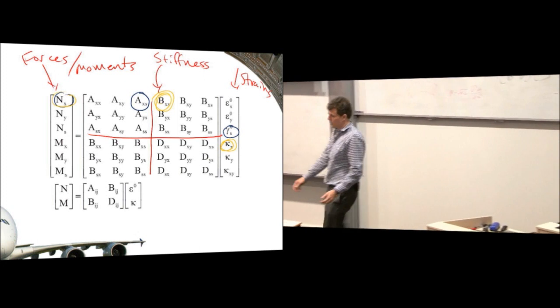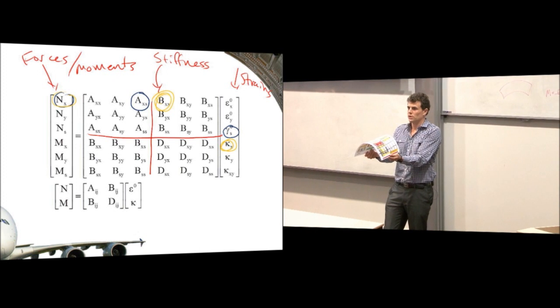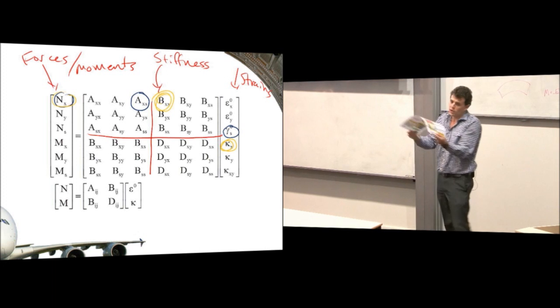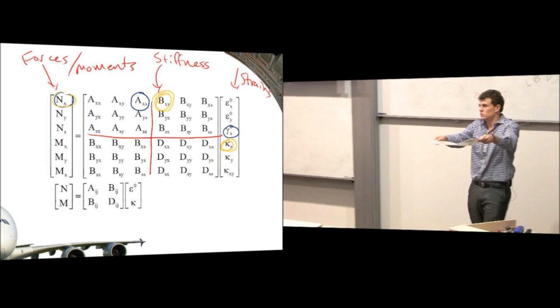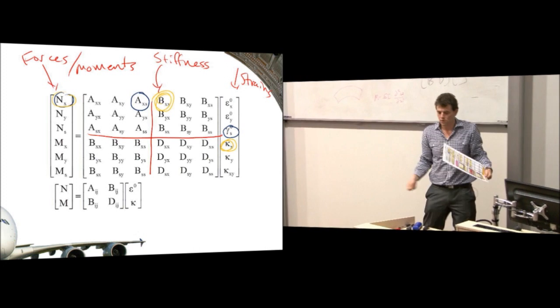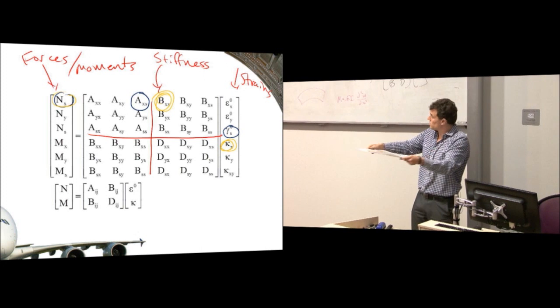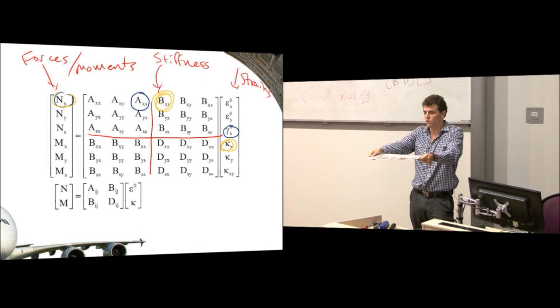So if I bend it, which would normally just create a bending moment, it actually is creating forces that are extensional as well. And the inverse is true. If I pull on it, it'll bend. Unlike a normal material, where if you pull on it, it just gets bigger, if you pull on a composite that's stacked so that those terms are non-zero, it'll bend.